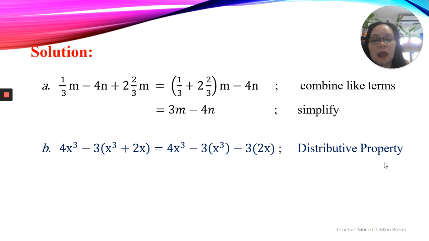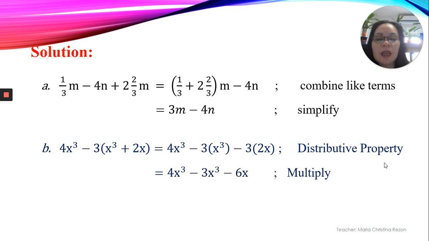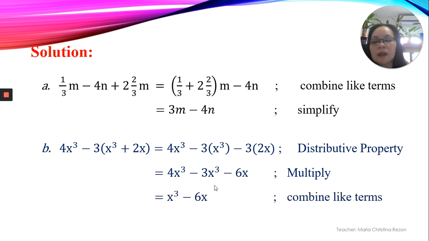After that, we multiply, so you'll have negative 3x cubed, and negative 3 times 2x gives you negative 6x. Since 4x cubed and negative 3x cubed are like terms, we can combine them. So your final answer will be x cubed minus 6x. You cannot combine x cubed and 6x anymore because they are not like terms.